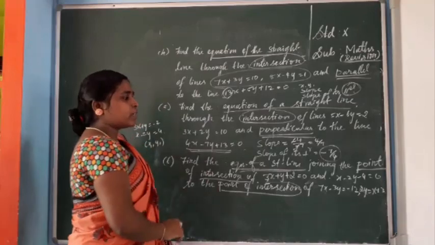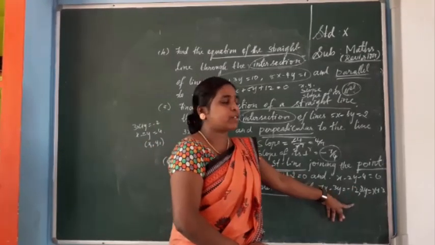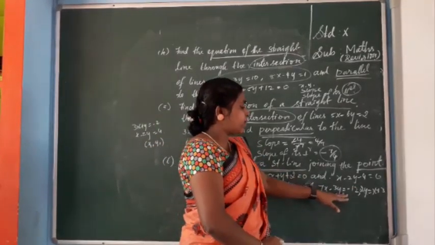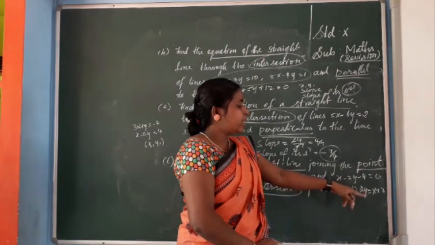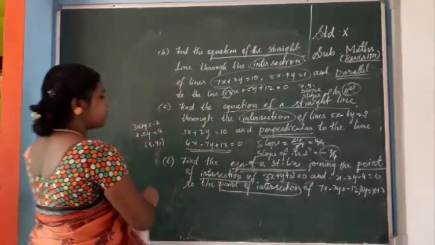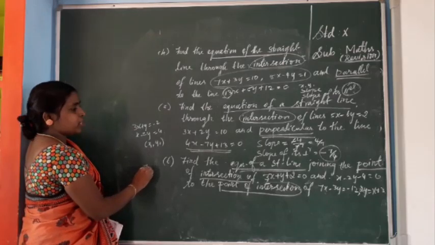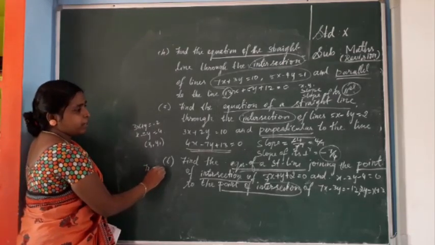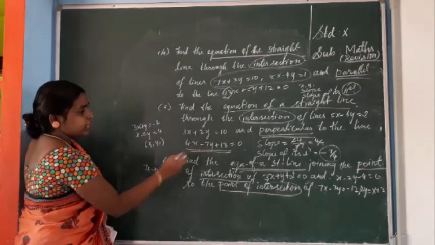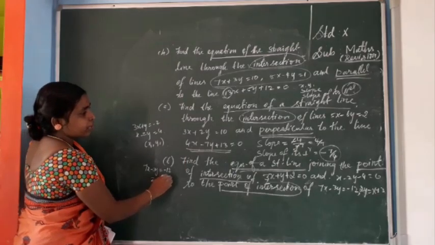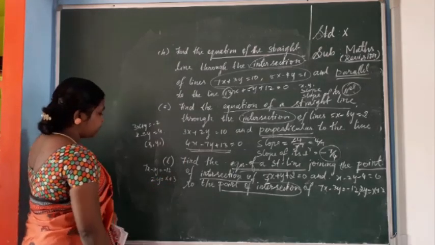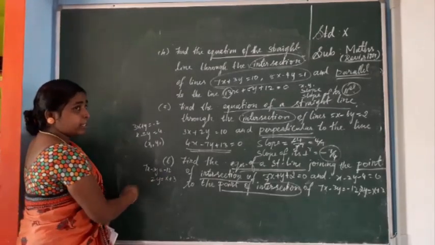Again they mention the point of intersection, so you have to solve the next two equations. The first equation is 7x minus 3y equals minus 12. The second equation is not in standard form: 2y equals x plus 3. Convert it into standard form.